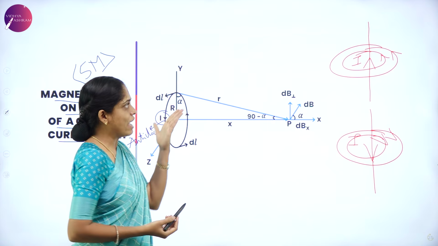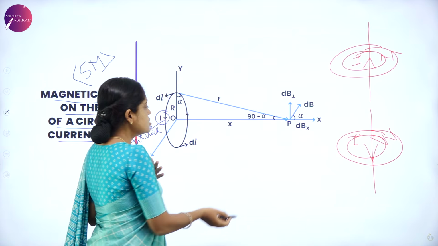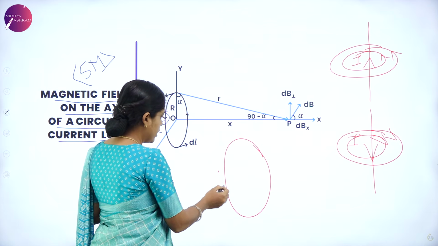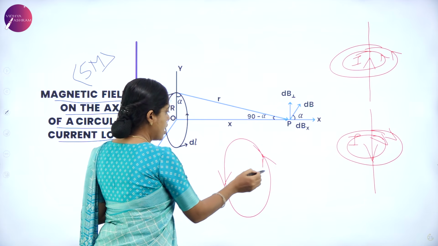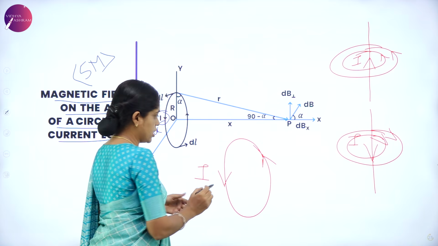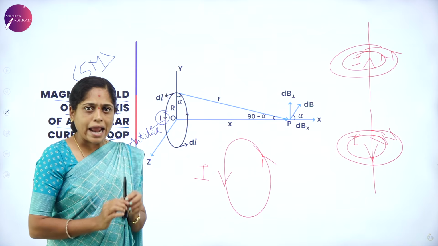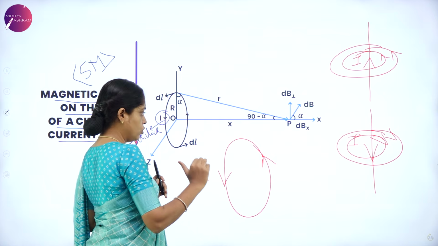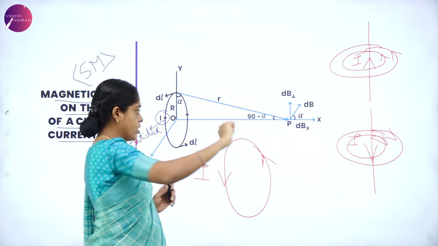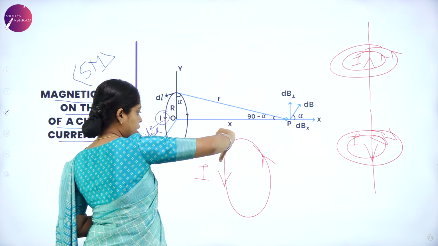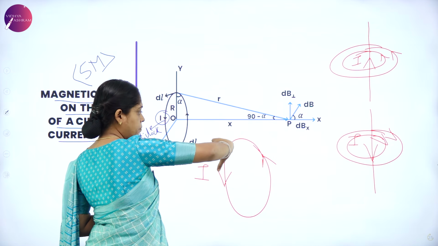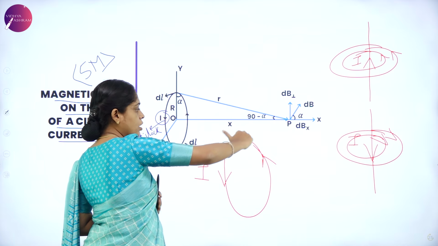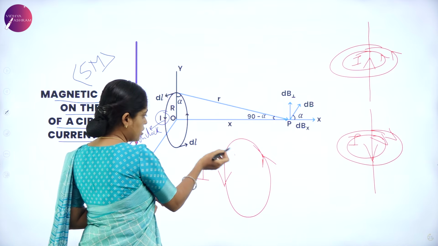But here we don't have a straight wire, we have a circular wire carrying current. The current is in anti-clockwise direction. Here you have to use the right hand thumb rule. The direction of current is represented by the thumb, and around this, look at the magnetic field.